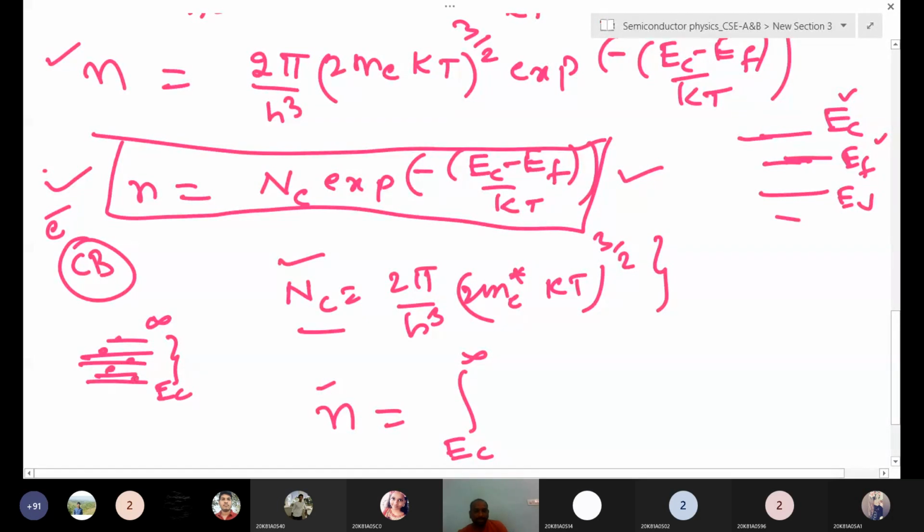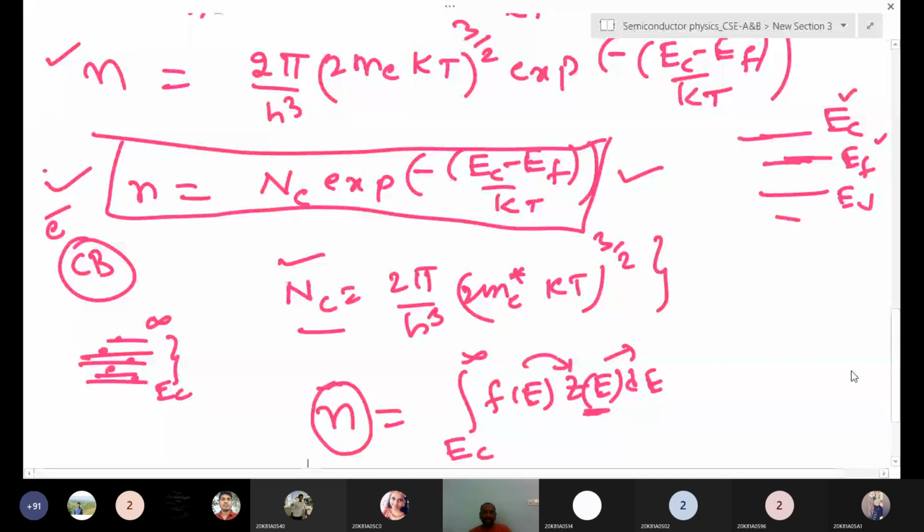To estimate that, we have considered all energy levels and the probability function, that is occupation of electrons in an energy state, and the density function, that is the number of available energy levels. Within those energy levels, how many electrons are occupied, that is what density of electrons or charge carrier density means.